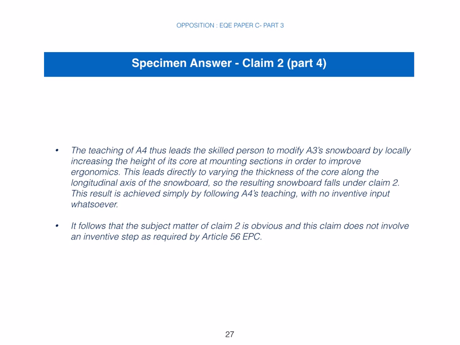This result is achieved simply by following A4's teaching with no inventive input whatsoever. And the conclusion: it follows that the subject matter of Claim 2 is obvious, and this claim does not involve an inventive step as required by Article 56 EPC.